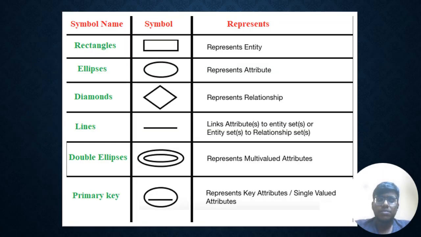Now let us look at the symbols used in ER diagrams. The rectangle is used to represent the entity. Ellipse is used to represent the attribute. Diamonds are used to represent the relationship. The lines are used to link the attributes to the entity sets or entity sets to relationship sets. Double ellipses represent the multi-valued attributes. Primary key represents key attributes or single valued attributes.